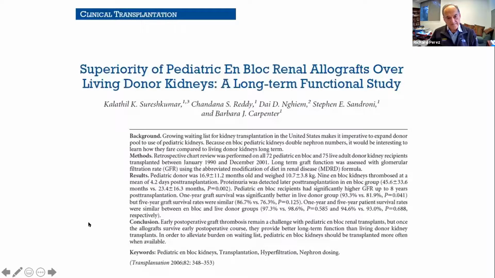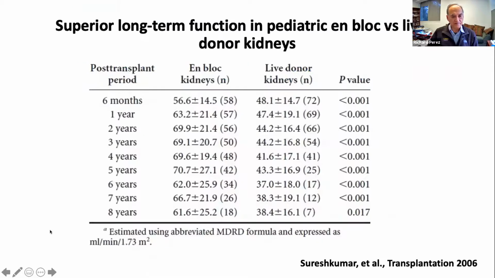years. In fact, a paper came out suggesting that these small pediatric en bloc kidneys are superior to even living donor kidneys. So why did they say that? Well, again, when you look at the long-term function of these pediatric kidneys, at 6 months, you have a GFR that's very much the same as a live donor.